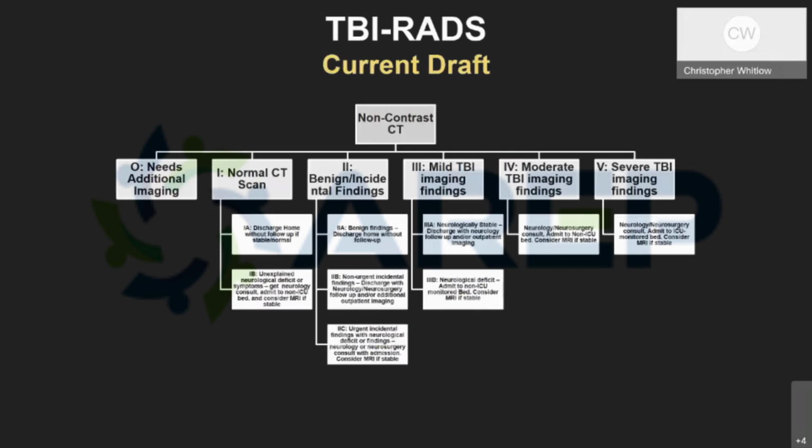Of course, it's a work in progress, but this is a draft created by my Weill Cornell colleagues, and you'll see some similarities with other American College of Radiology RADS paradigms, like BI-RADS for breast, LI-RADS for liver, and TI-RADS for thyroid. I'll very briefly take you through it. So TBI RADS category 0 refers to the need for additional imaging.